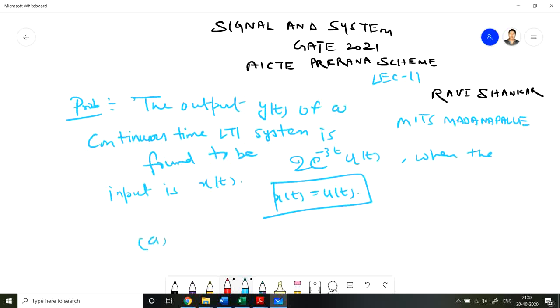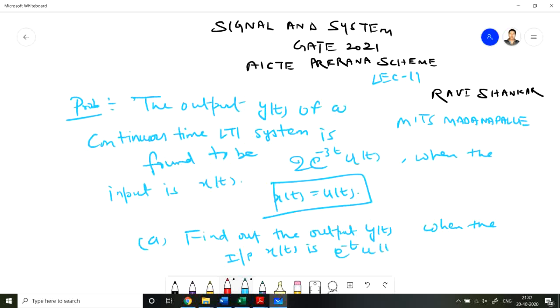So the question is, find out the output y(t) when the input x(t) is e raised to the power minus t into u(t).